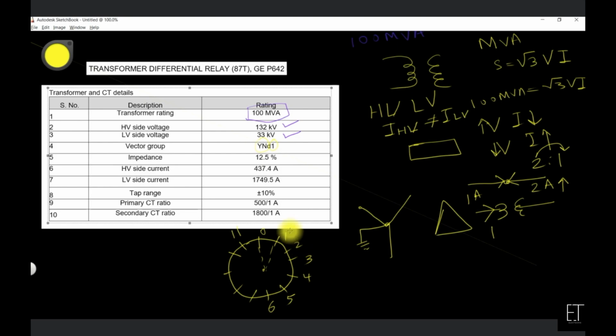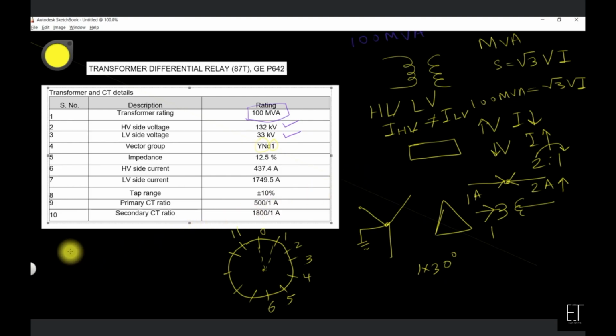It means that the LV winding is lagging by 30 degrees. 1 into 30 means a phase shift of 30 degrees between HV and LV voltages, and similarly for the currents as well. So there will be a phase shift of 30 degrees between the two windings.